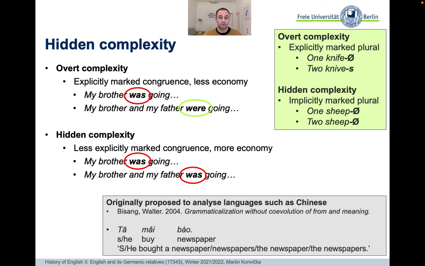And everything is only in the context. So you could say that it's explicitly, so sort of overtly less complex, but hidden complexity is rather high because you have to abstract so many pieces of information from the context, from the situation. Okay, so this is the basic concept of hidden complexity.